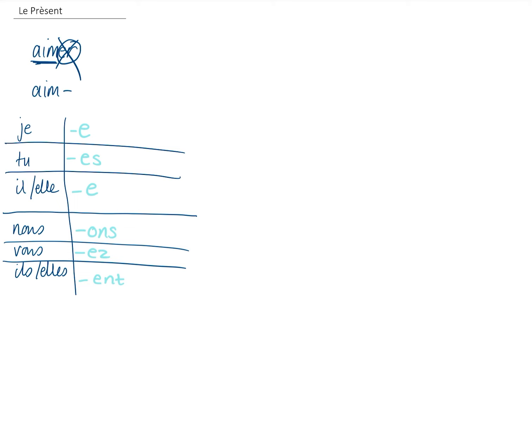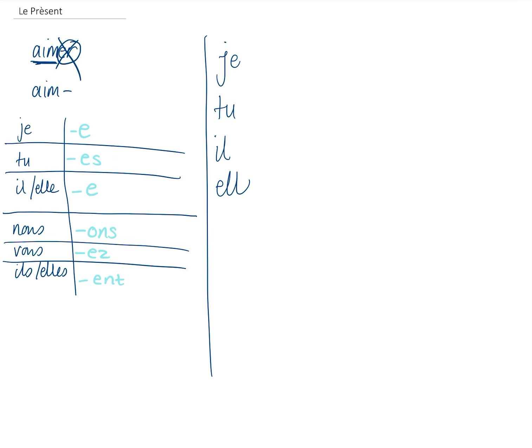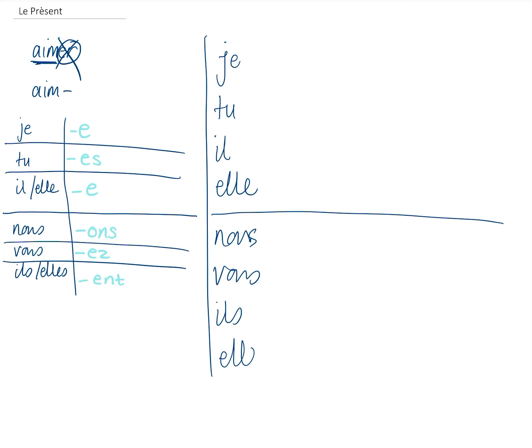So now, to form our conjugated verbs, we take our pronouns, je, tu, il, elle, nous, vous, il, elle, and we add the stem. Now for je, we cross off the E because this is a vowel for this particular verb.